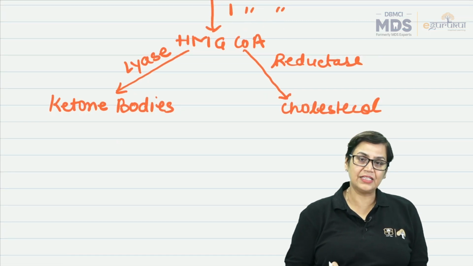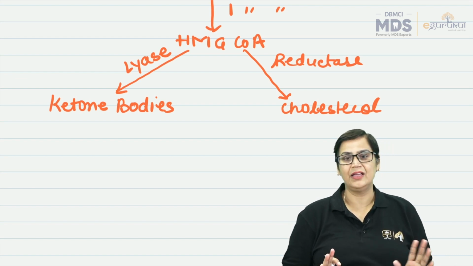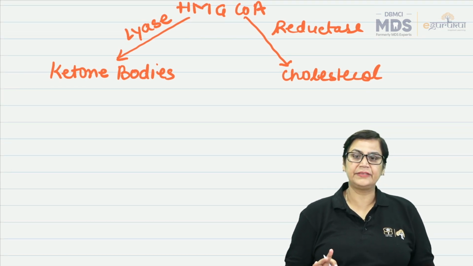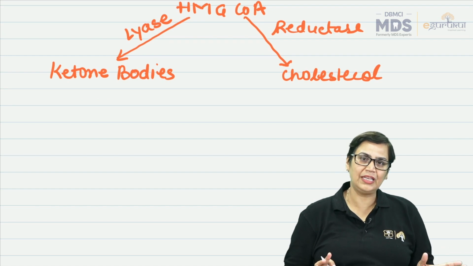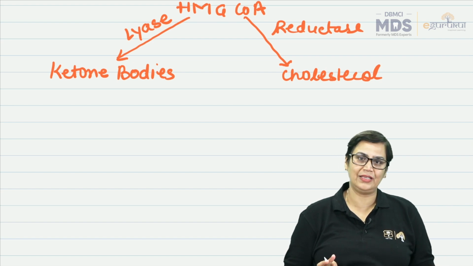So you can imagine again the importance of coenzyme A, because everywhere wherever CoA is written, where is it coming from? It is coming from pantothenic acid. And pantothenic acid has beta alanine, because this question was asked in the exam: what are the components of pantothenic acid? So always remember beta alanine and pantoic acid.